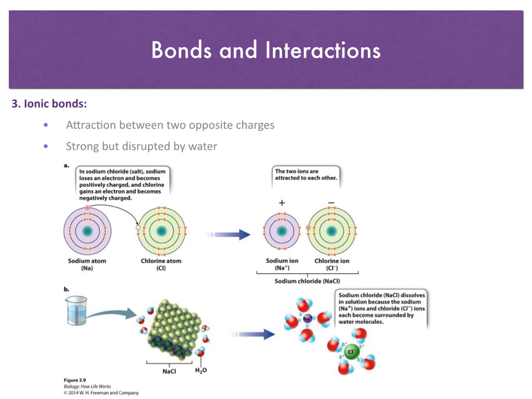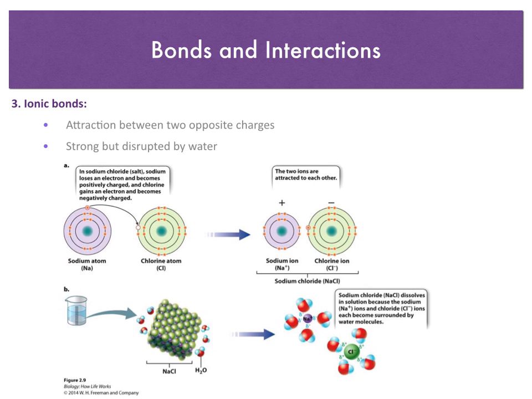When they are charged like that, after they've lost or gained one electron, they are called ions and no more atoms. They can stay stuck together by the means of ionic bond, which is basically the attraction of a positive and a negative charge together. They can form salts like that, and these salts can be pretty tough and pretty strong.